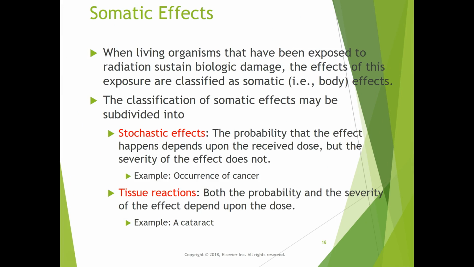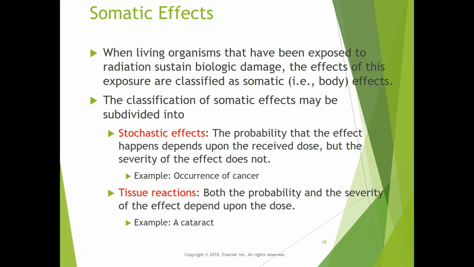Okay, somatic effects. When living organisms have been exposed to radiation and they sustain biological damage, they are termed somatic effects. Remember, soma means body. So the classification of somatic effects can be subdivided into two: stochastic effects and tissue reactions.